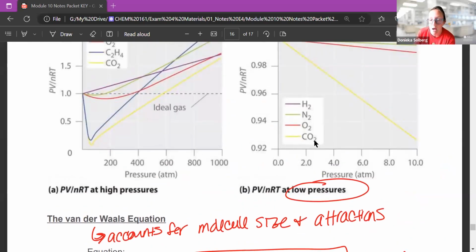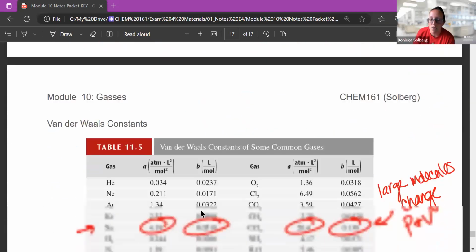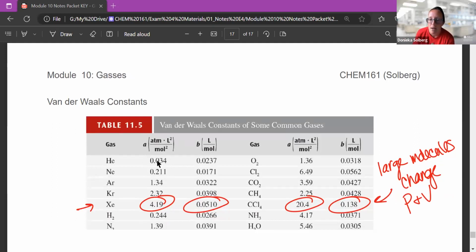So like carbon dioxide, I told you it's acting a little non-ideal here. If you look up its a and b values, they're actually a little bit bigger. You plug them in here, and then you can calculate much more accurate things for that gas, the pressure, the volume, or the temperature. Okay, so van der Waals constants, for example, I said you can look these up, right? a and b values, you don't have to know what the units are.